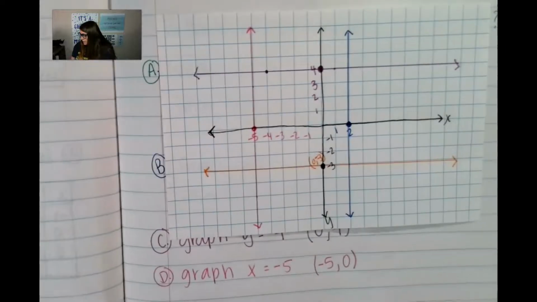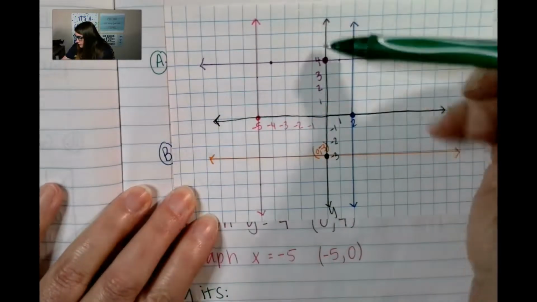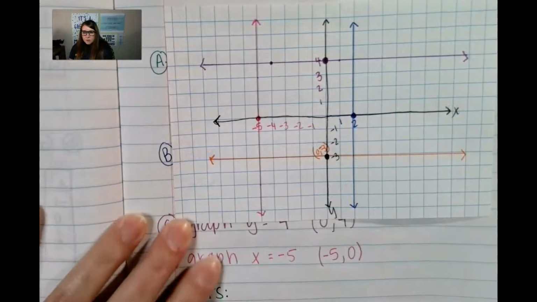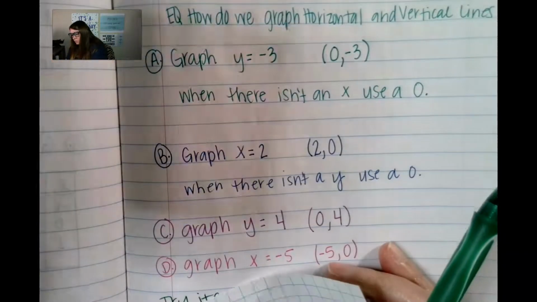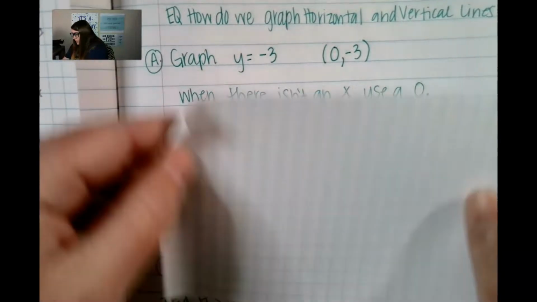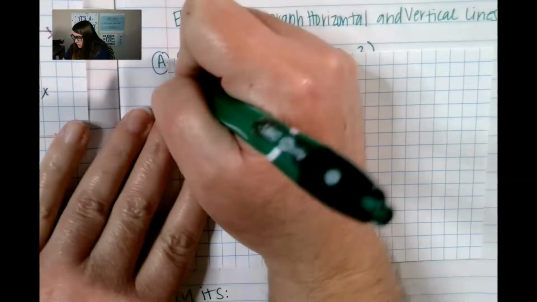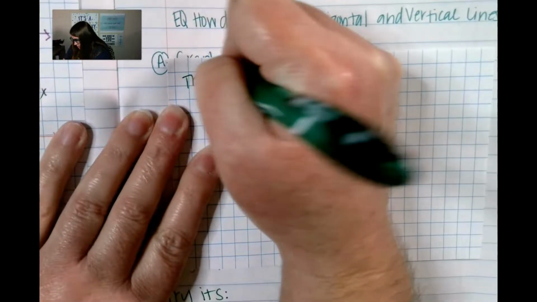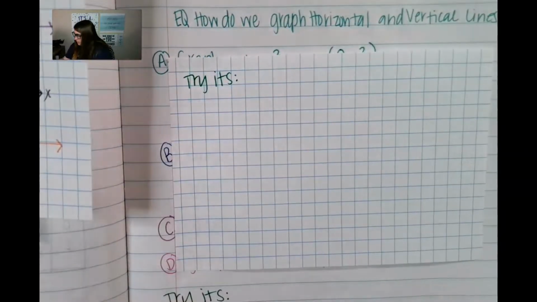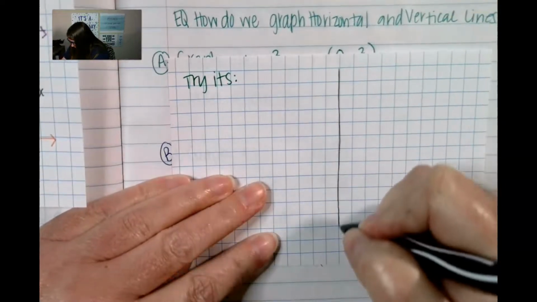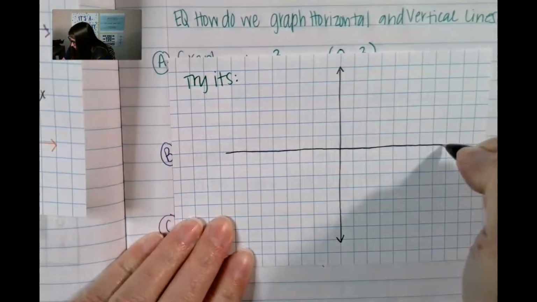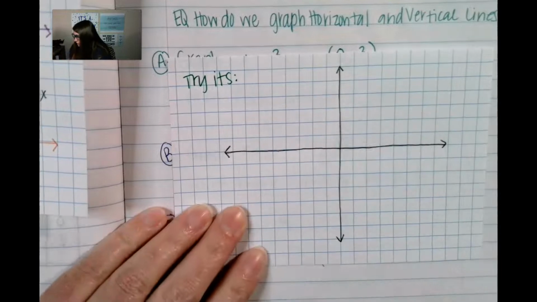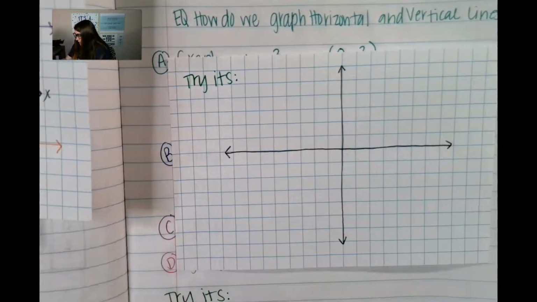All right, so I'm going to go back to my main line right here, my black line. It's kind of challenging to see right now. Maybe I should just do a new piece of paper. That might be better. All right, so we'll do a new graph paper, and then these ones will be our try-its. So I'll label these try-its. All right, our first one says y equals negative 1.5.